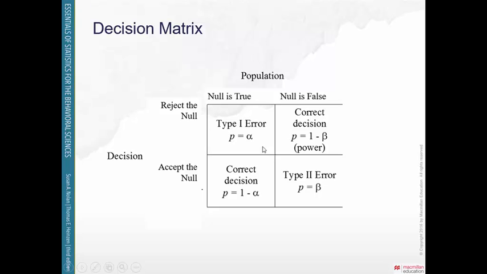But you can see that there are two types of errors we could make, and statisticians have so creatively named them type 1 error and type 2 error. So what's a type 1 error? A type 1 error is when you, in your sample data in your study, reject the null.